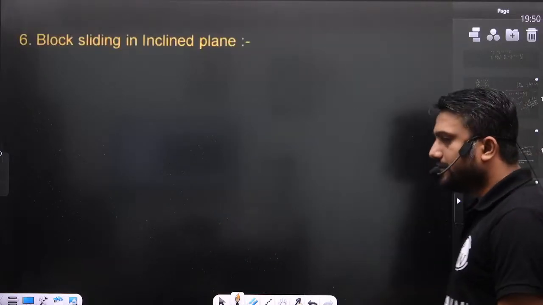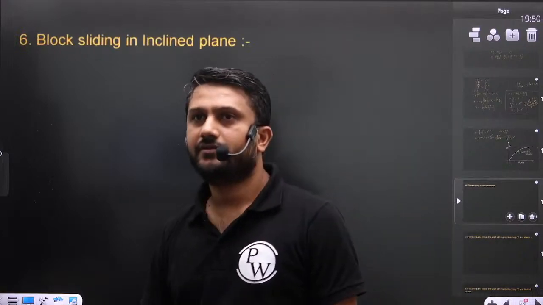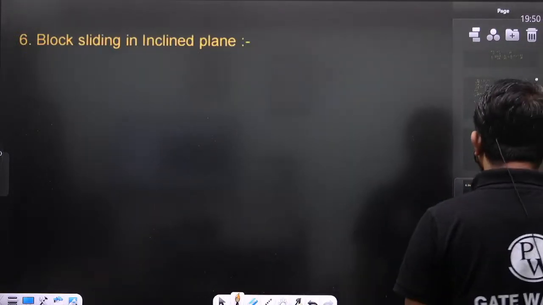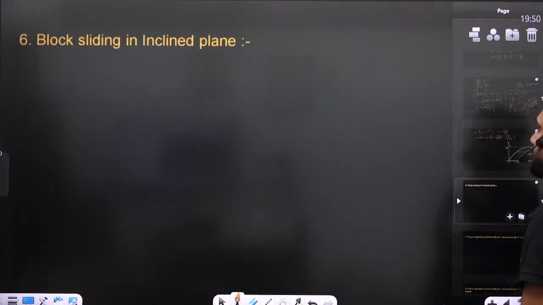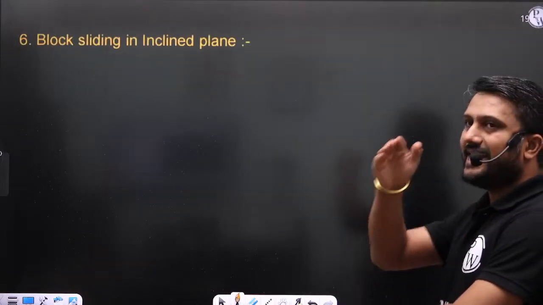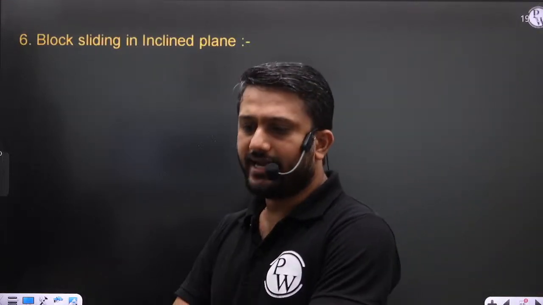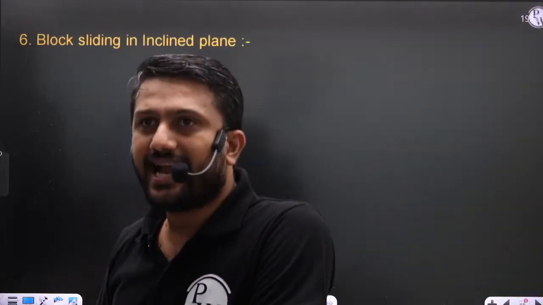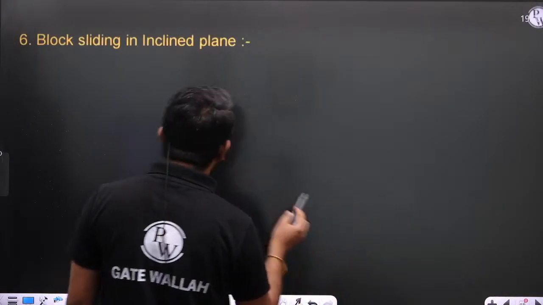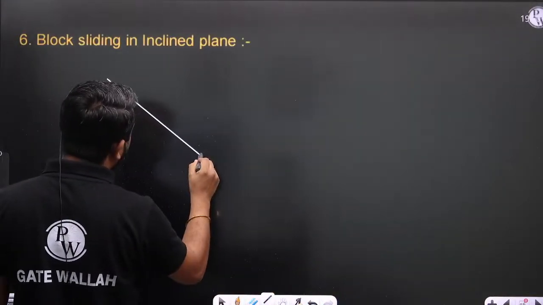Okay, now come to the next case, case number 6. There is a block, and that block is sliding on an inclined plane. So let us consider an inclined plane like this.